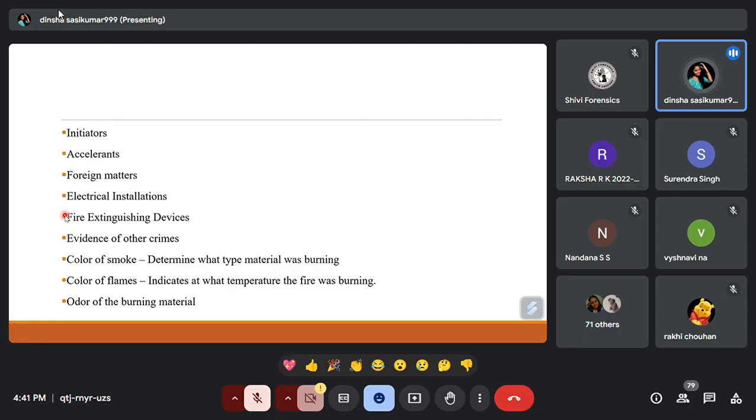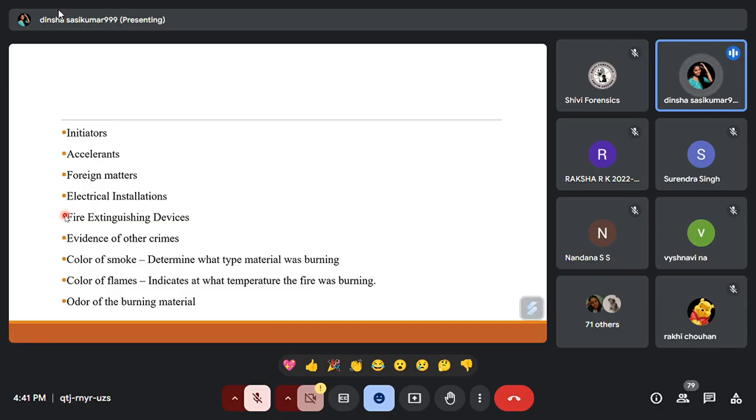If such crimes have happened, we have to check in detail whether such evidences are there or not. The premises may also have been used for illegal activities like counterfeiting currency, or a secret press. If there are any such evidences, we have to collect them too.